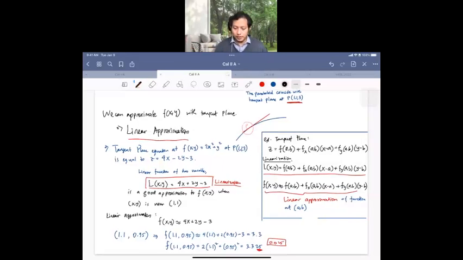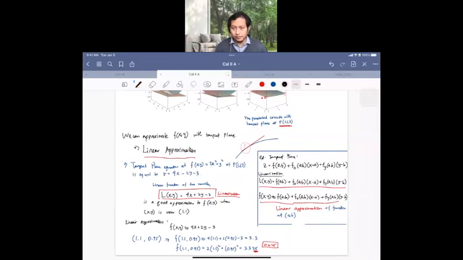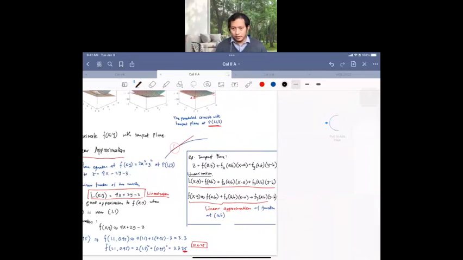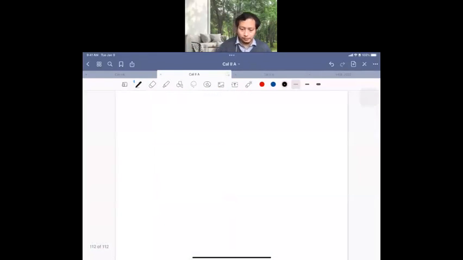Okay, let's continue. No question. Let's continue a little bit on linear approximations and the idea of differentials, partial differentials.